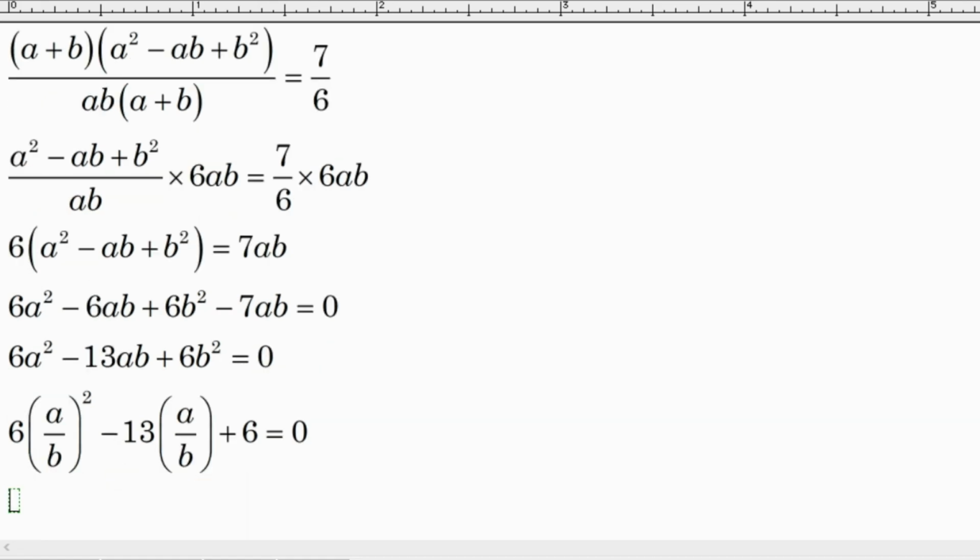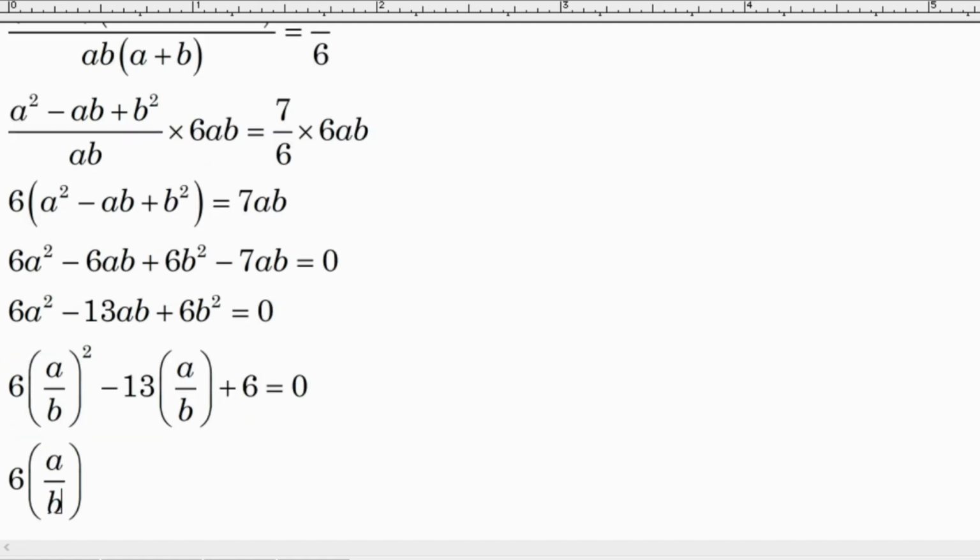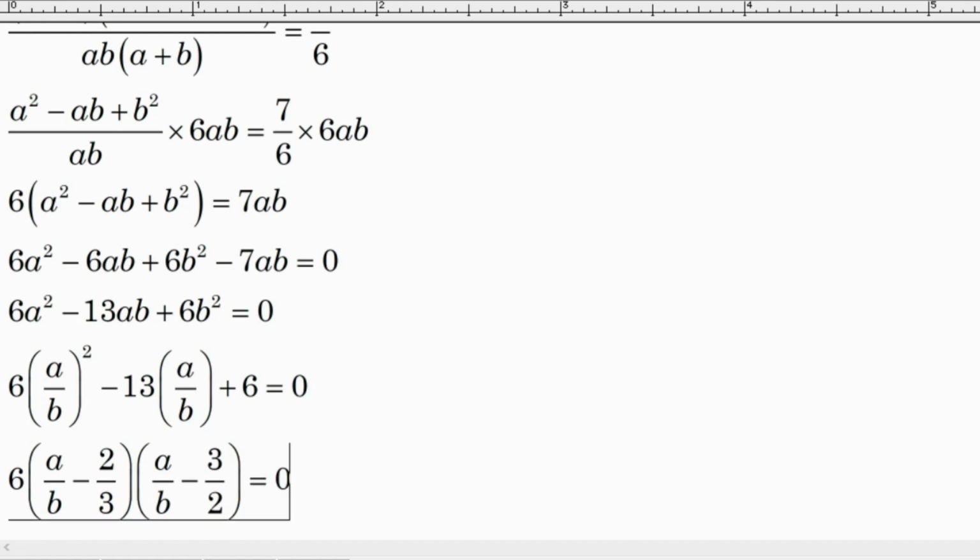Alright, so when we factor this equation, we will get 6 times a over b minus 2 over 3, and then a over b minus 3 over 2, then equal to 0.